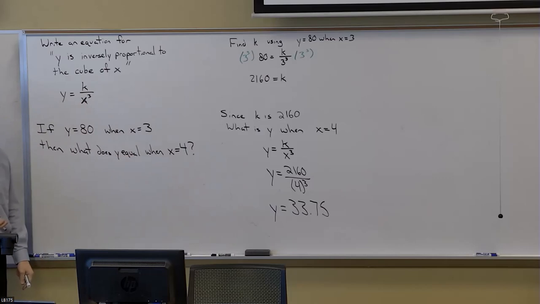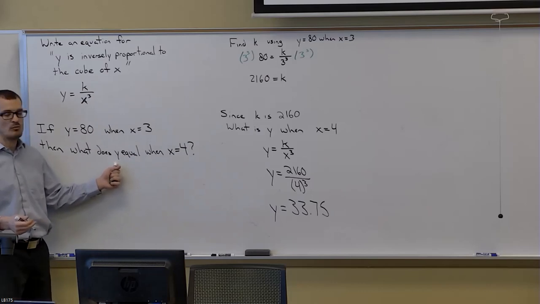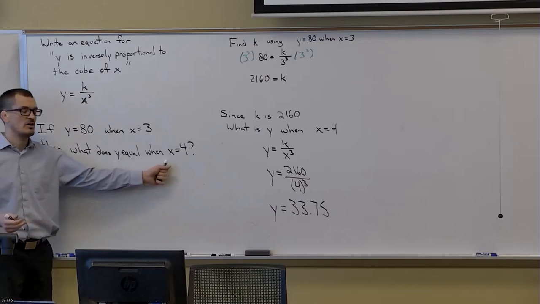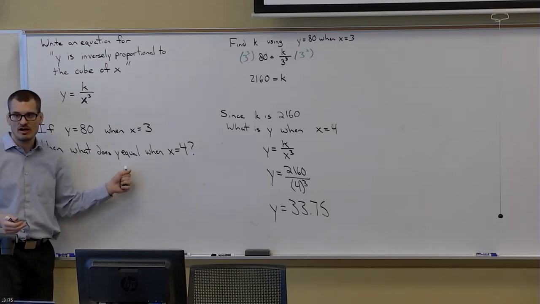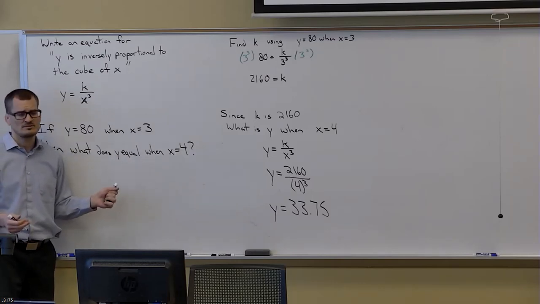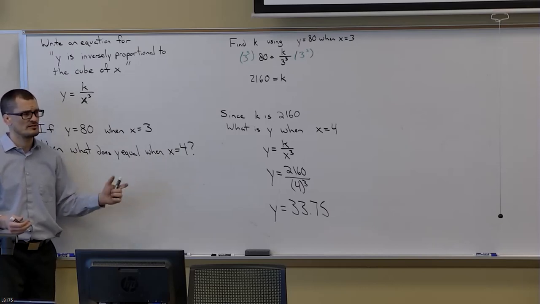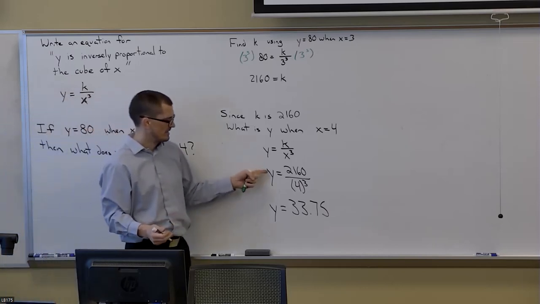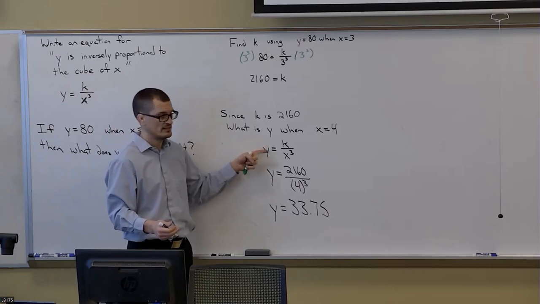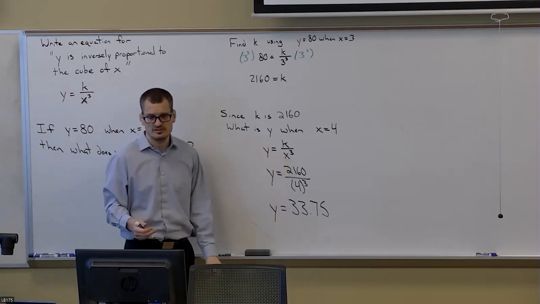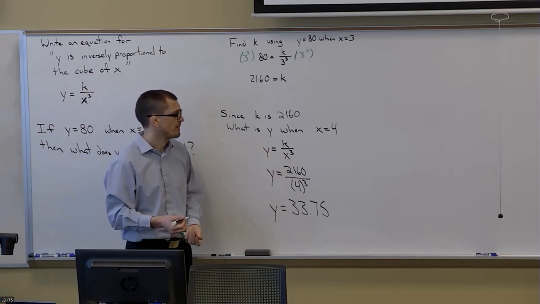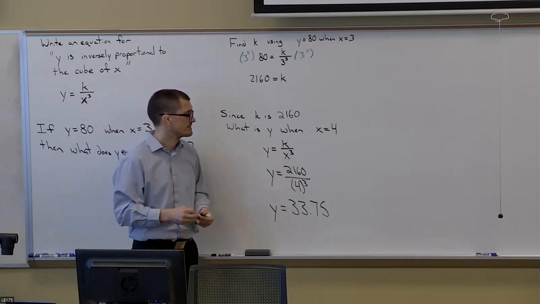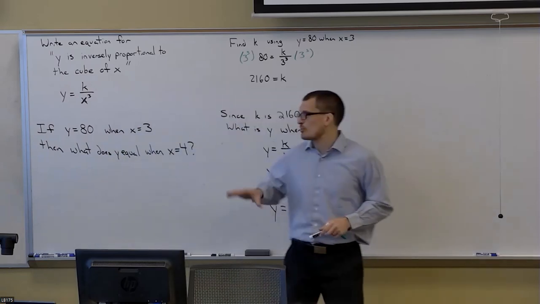So you could have also given the value of y and then solved for x instead of giving the value of x and solving for y. Does that make sense? So you could have known this one and then solved for x just as easily. So that's the idea of proportionality.